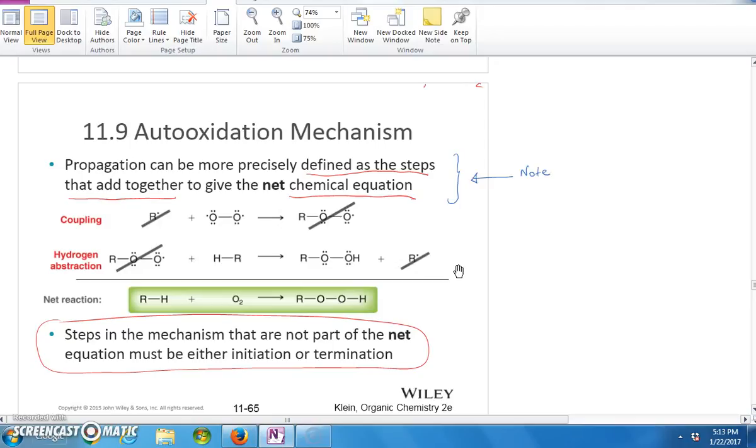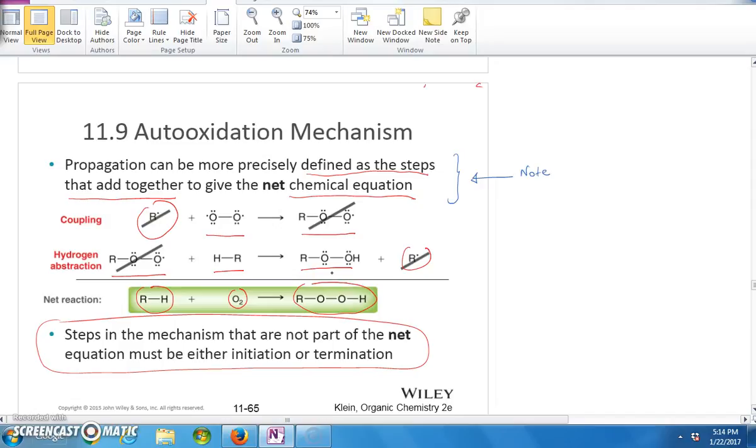As you can see, once the alkyl radical is formed, it reacts with molecular oxygen, which can exist as a diradical, to give this intermediate, and that intermediate now reacts with the alkane to yield the hydroperoxide and the alkyl radical, the sum of which gives the reaction between the alkane and molecular oxygen to give the hydroperoxide, which we call the auto-oxidation.